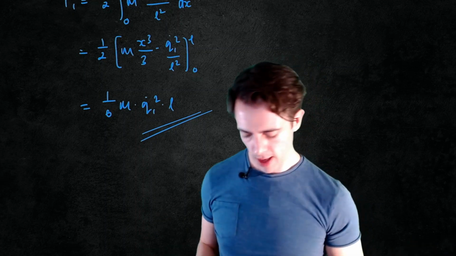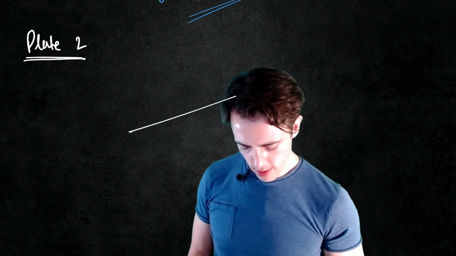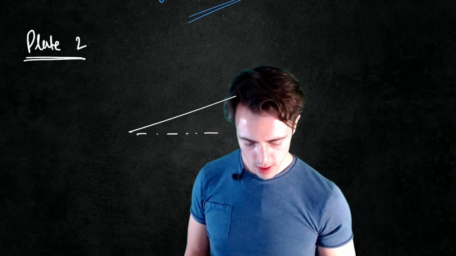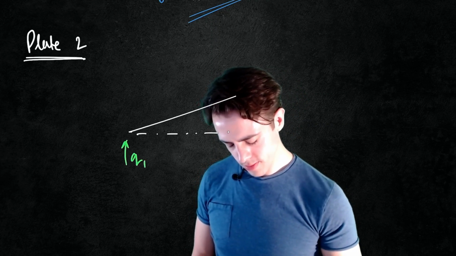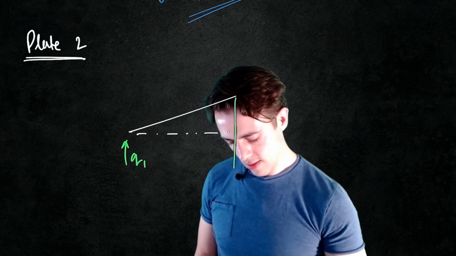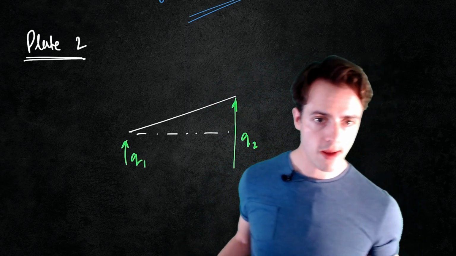Now we need to do the same for plate 2. Plate 2, we'll draw that there. Let's draw this undisturbed condition. Plate 2 starts at Q1 and then ends at Q2, which don't necessarily have to be the same.